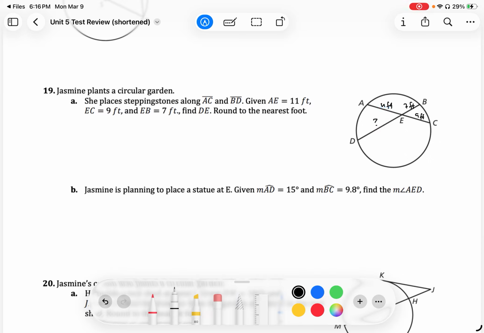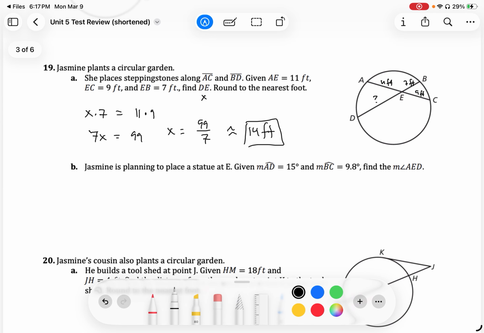Okay, well, I just know that if I'm going to call DE x, so x times 7 is equal to 11 times 9, which means that 7x is equal to 99, and x is going to be 99 divided by 7. I want to round that to the nearest foot. I would get 14.14, so that's approximately 14 feet.